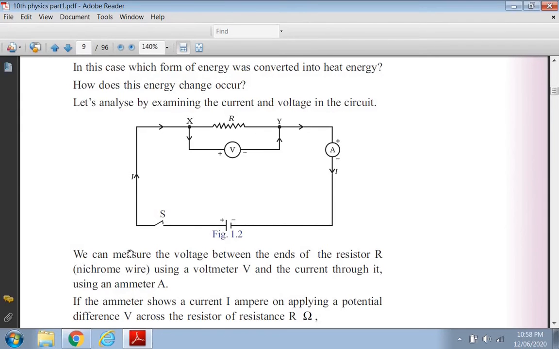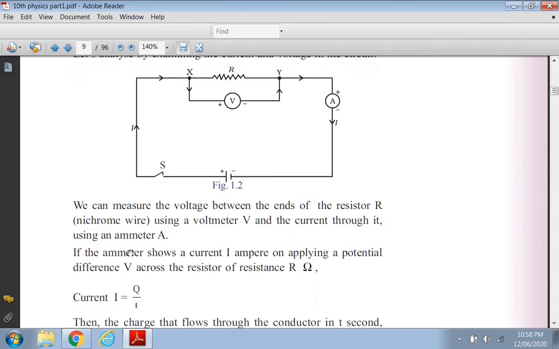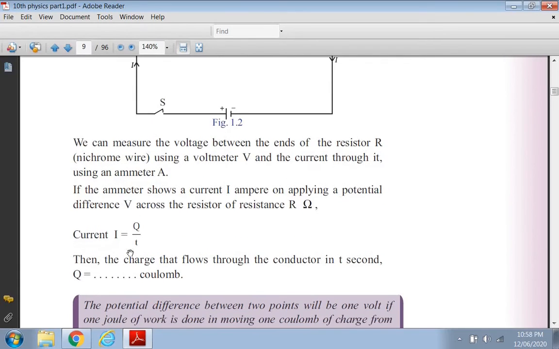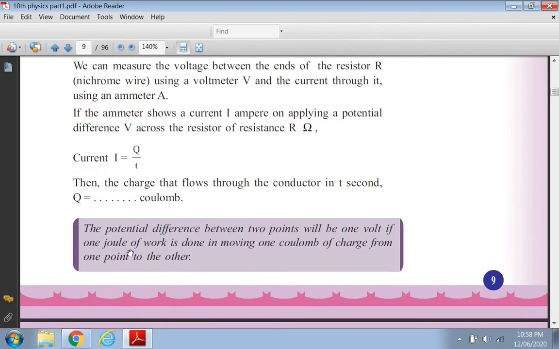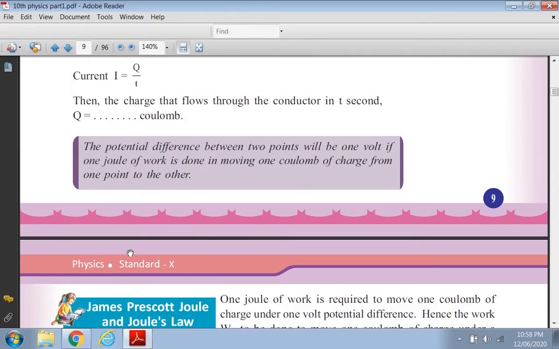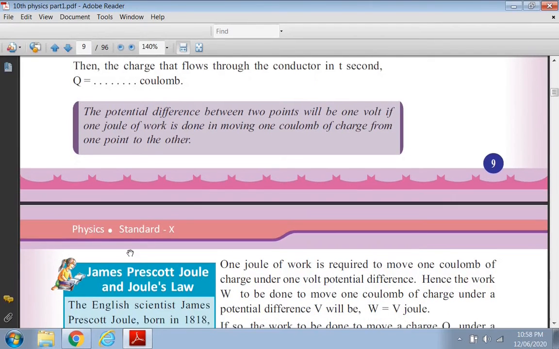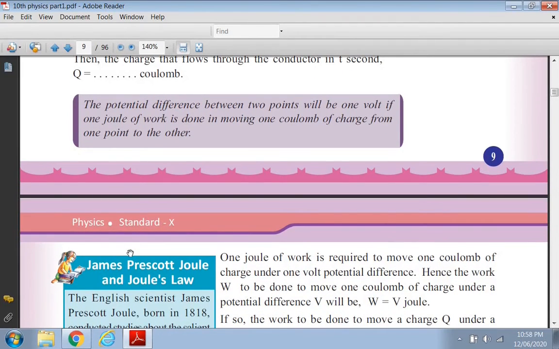Let's have the standard definition for potential difference.